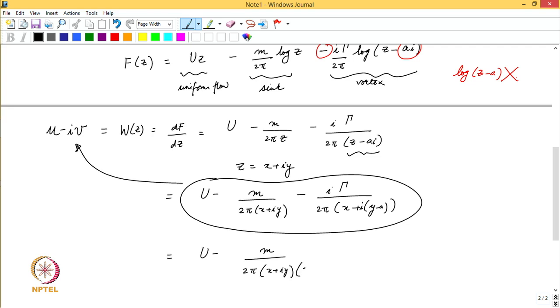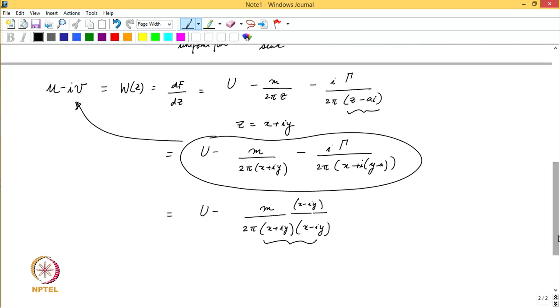For instance, I multiply the first part, which comes from the source, by x minus i y. Then I can bring iota into the numerator, because x plus i y times x minus i y is like a square minus b square, which gives x square plus y square. So we now have a real number in the denominator.